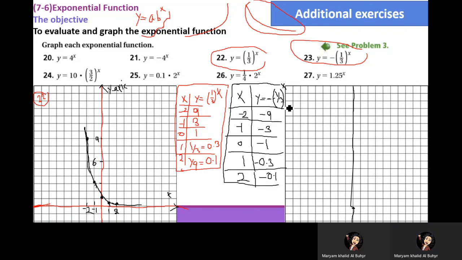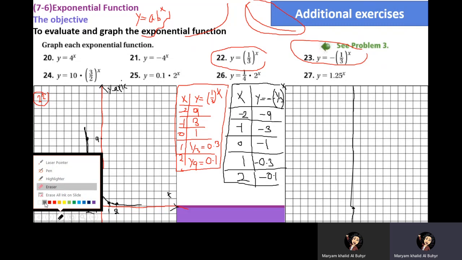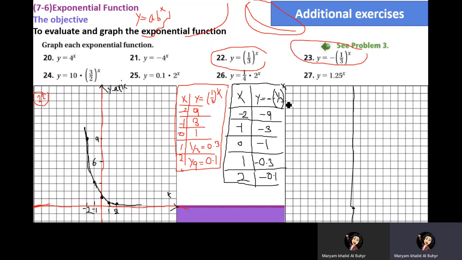Why am I doing it this way? Because I know that since I have a negative, the graph will be in the lower half of my coordinate plane.